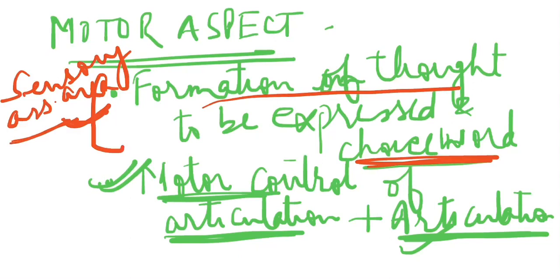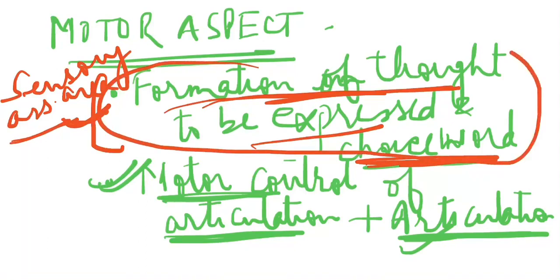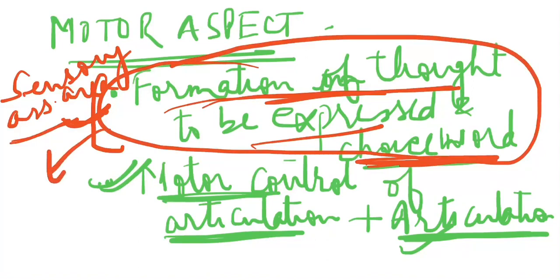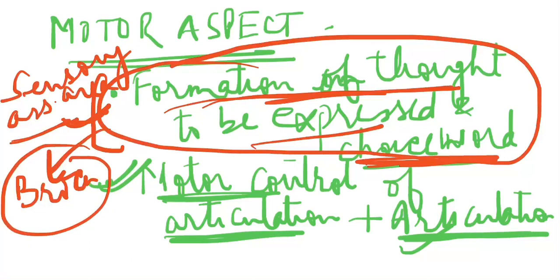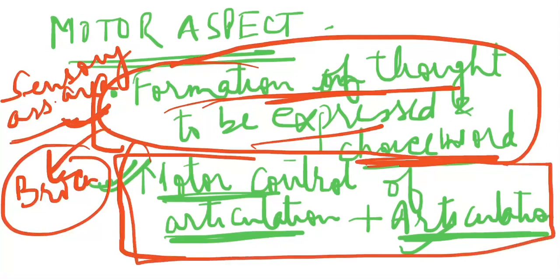That's the Wernicke's area. Wernicke's area plays the important role for the formation of the thought to be expressed and the choice of the words. And this will be conveyed via the arcuate fasciculus to the Broca's area, right? These thoughts that are to be communicated will reach the Broca's area, and from the Broca's area the motor control of articulation and articulation itself will happen, that second part.